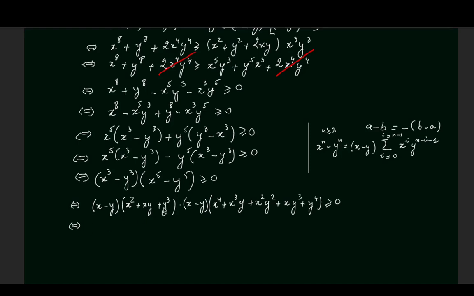This is equivalent to (x minus y) times (x minus y), that's (x minus y) squared, times the other numbers, x squared plus xy plus y squared, times all this sum, x to the fourth plus x cubed y plus x squared y squared plus xy cubed plus y to the fourth, is positive.